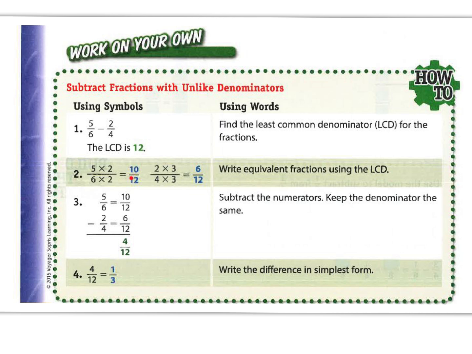We switch those to 12ths, and then 10/12 minus 6/12 is 4/12. Subtract the numerators, keep the denominator the same. Then you write the difference in simplest form. 4/12 can be simplified to 1/3 because you can divide top and bottom by 4.